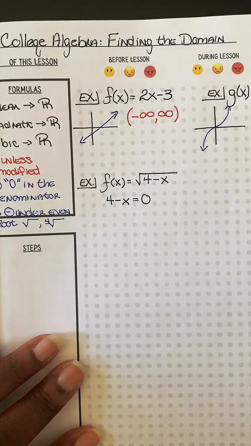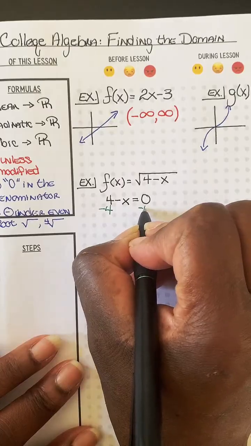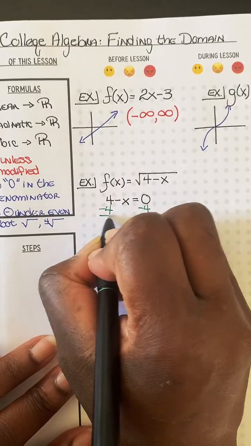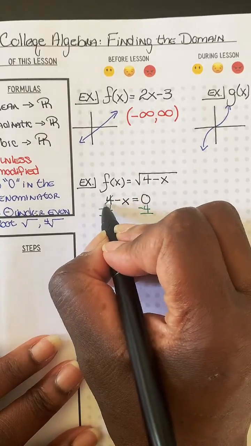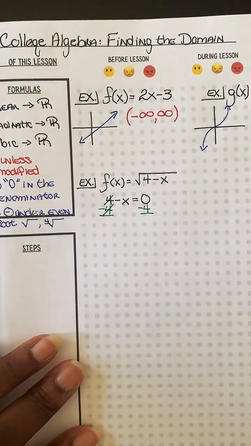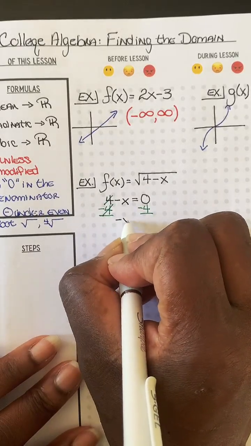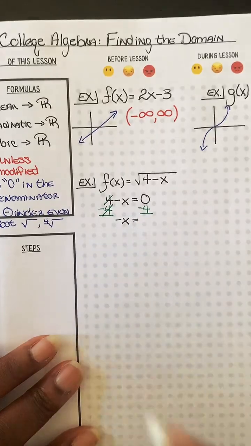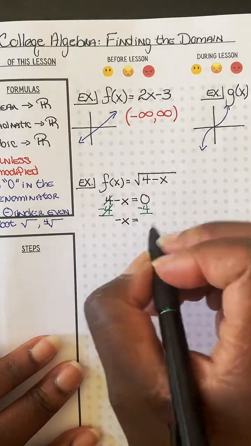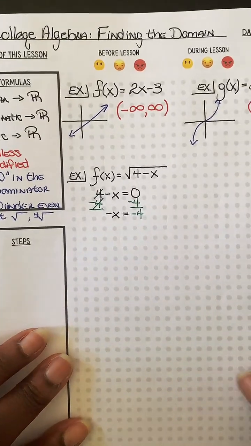I want to do the opposite, so I'm going to subtract 4 on both sides. Negative 4 minus 4 will give me 0, but I don't need that 0 as a placeholder because I still have this negative x over here. So now we have negative x equals negative 4.